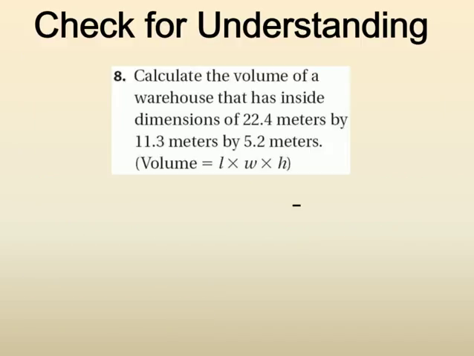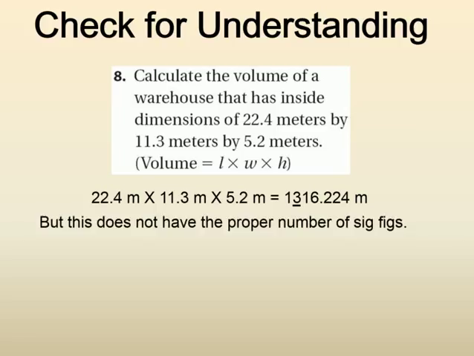There's one more. Calculate the volume of a warehouse that has inside dimensions of 22.4 meters by 11.3 meters by 5.2 meters. So again, we multiply these three values and you generate in your calculator 1,316.224 meters. However, that does not reflect the certainty of these measurements.